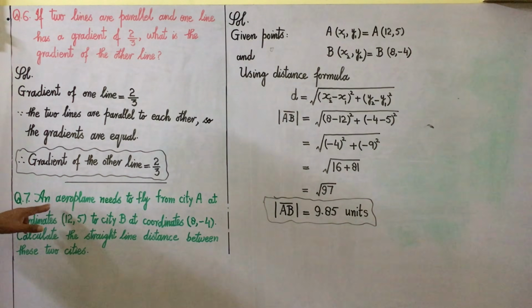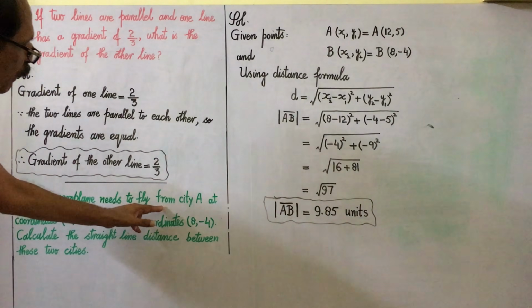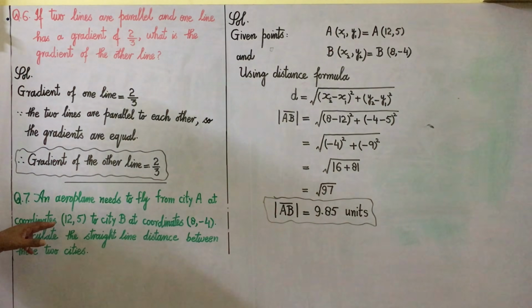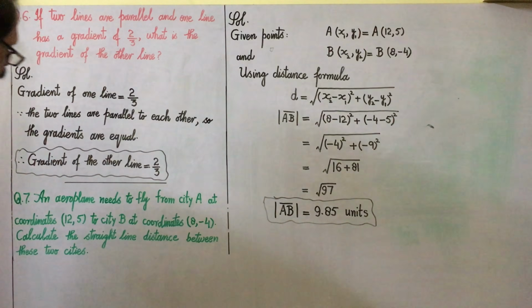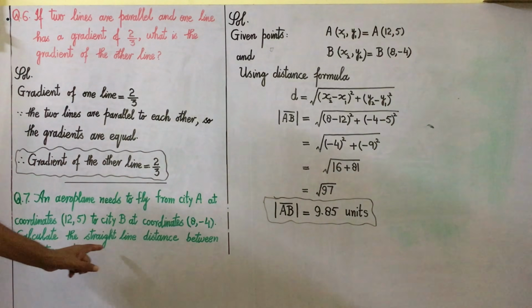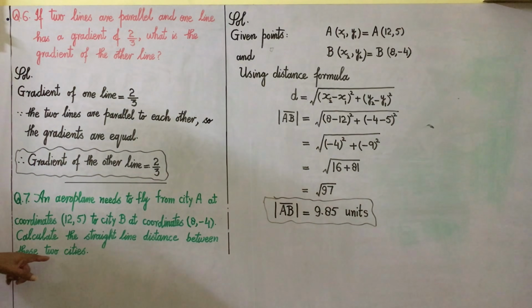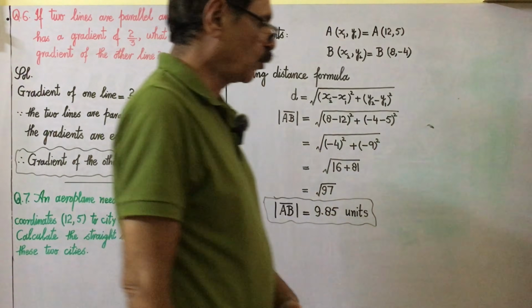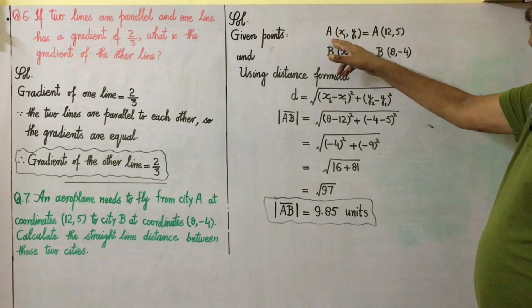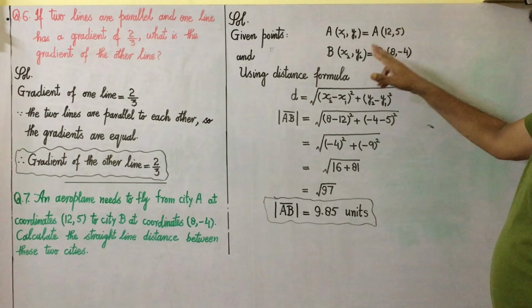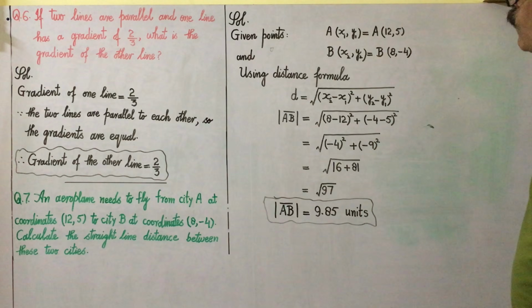Question 7. An aeroplane needs to fly from city A at coordinates (12, 5) to city B at coordinates (8, minus 4). Calculate the straight line distance between these two cities. Solution: given points A (12, 5), B (8, minus 4).